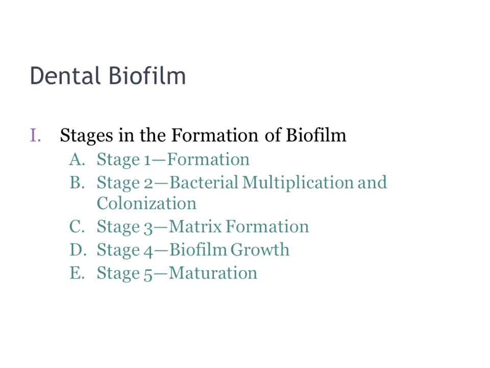Then, stage 4, you've got biofilm growth. This stage is characterized by further development of the biofilm architecture that enhances the cell-to-cell communication process. It's activated by specific genes located on the surface of the bacterial cells within the biofilm itself.